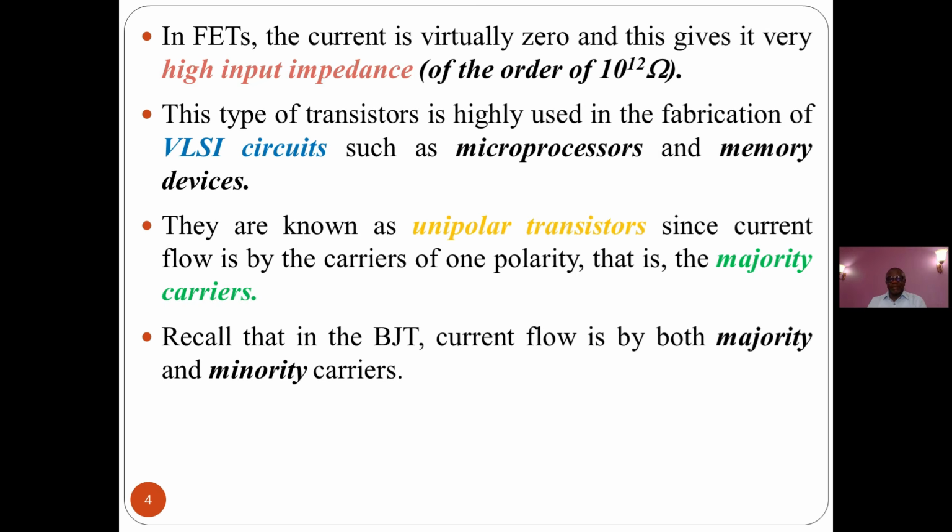Because in BJT the current flow is by majority and minority carriers, we say that it is a bipolar device. And in field effect transistors, current flow is by only majority carriers, so we say that it is a unipolar device.